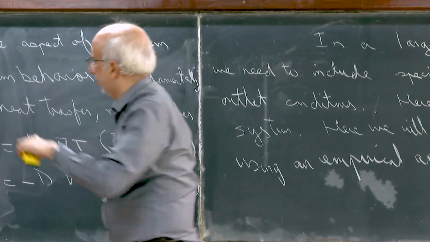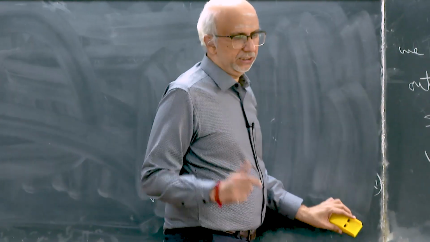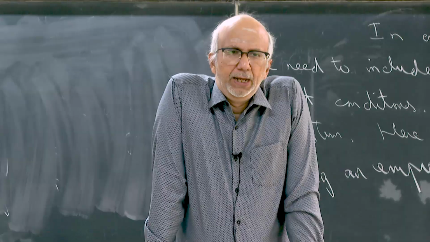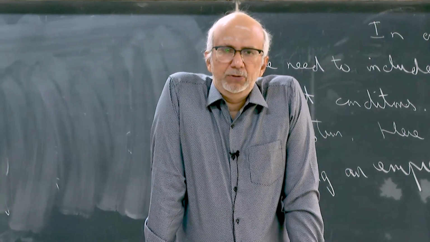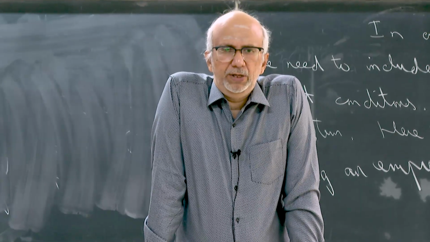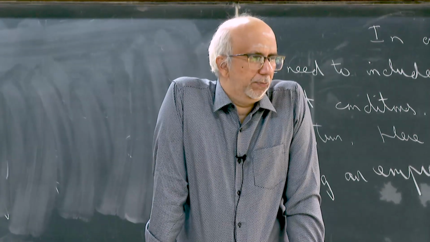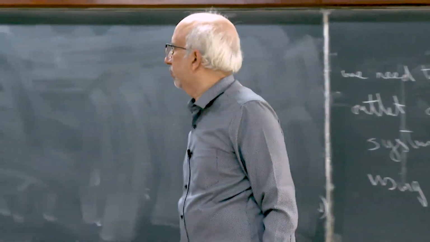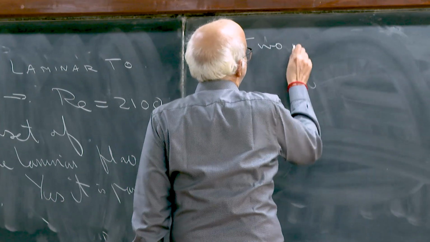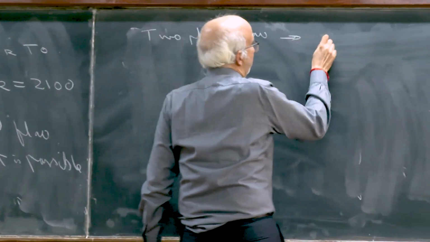Talking about Reynolds number and turbulence, this is for single phase flow, but there can be many examples where you may have two phase flows. You may have oil and water, you may have gas and water, so you can have more than one phase flowing in a particular pipe. Supposing I want to extend this idea to a two phase flow, let us say of oil and water.